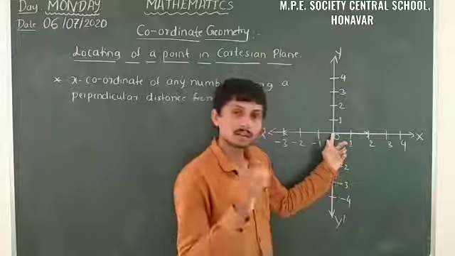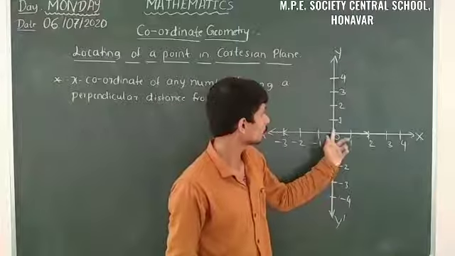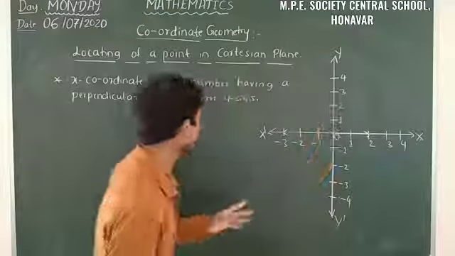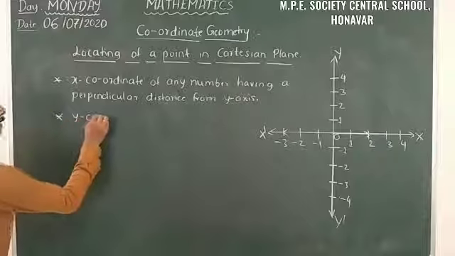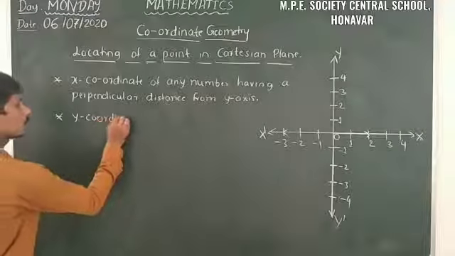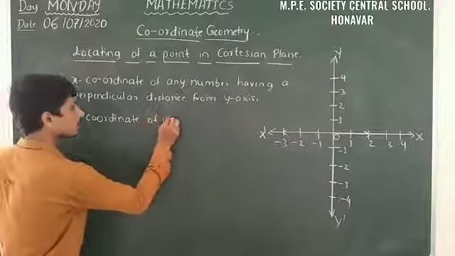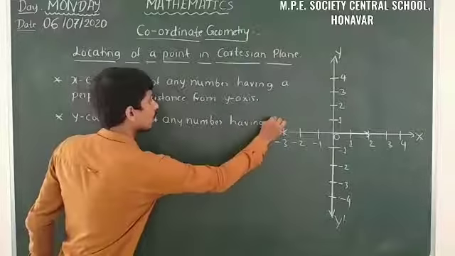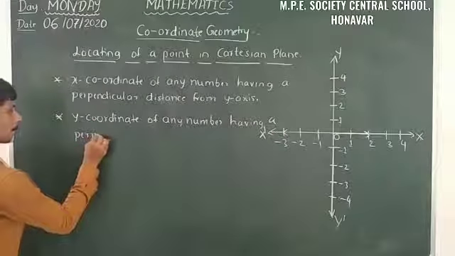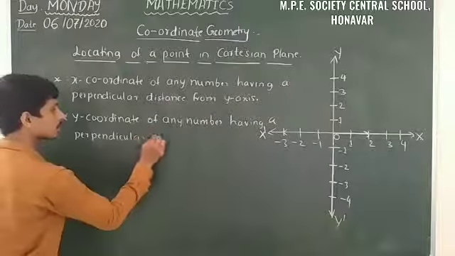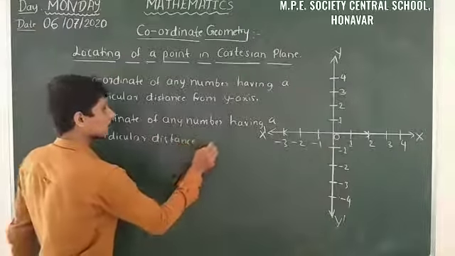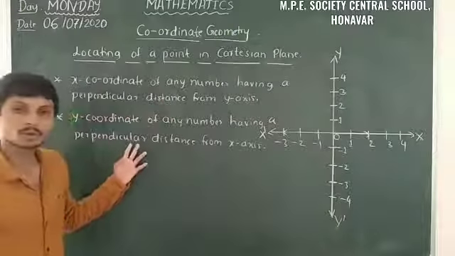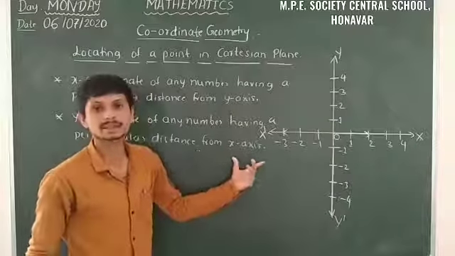That is, for the y coordinate of 3 we go a perpendicular distance from the x axis. We take the perpendicular path from the x axis here. The y coordinate of any number has a perpendicular distance from the x axis.